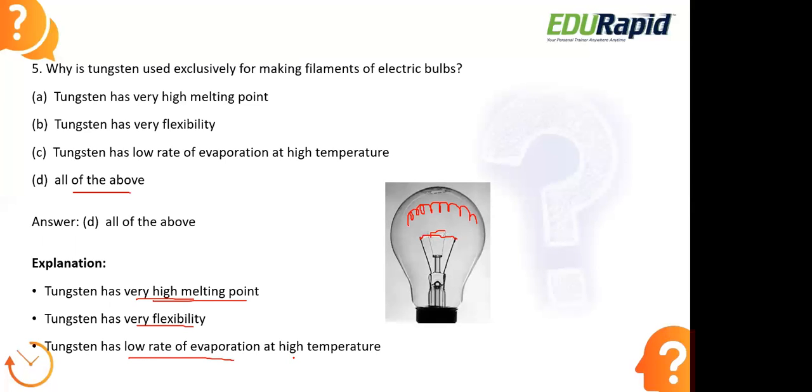The rate of evaporation of this metal is very low, even at very high temperature. Even when we provide more temperature, it evaporates at a very low rate. So all these properties make tungsten very suitable for making electrical bulb filaments. Because of all three properties, it can be used in making filaments for electrical bulbs.